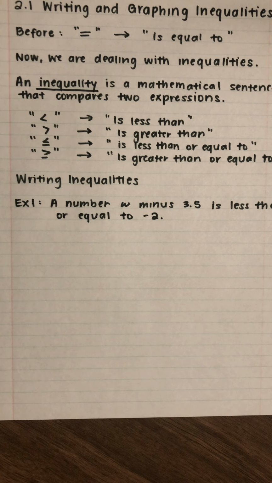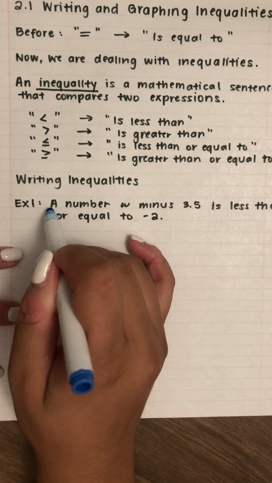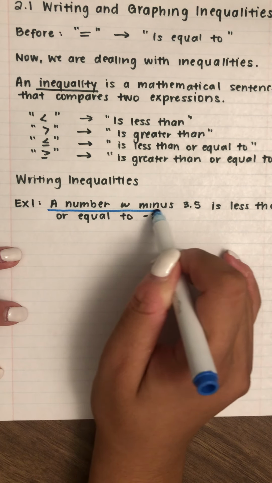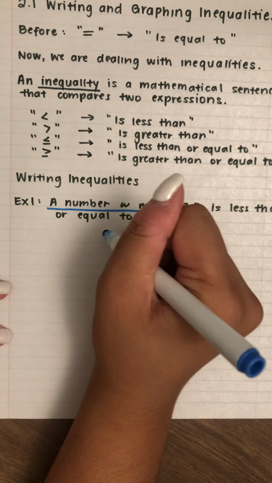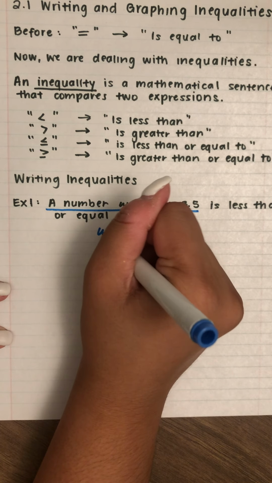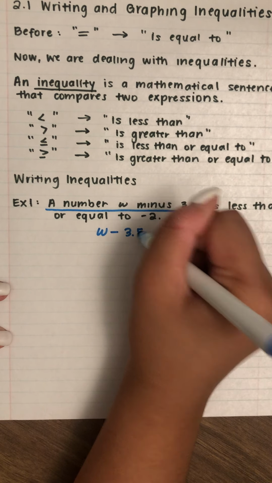If you guys notice, that sentence will already break down our inequality for us. So this first part, a number W minus 3.5, is already telling us what our first expression is.